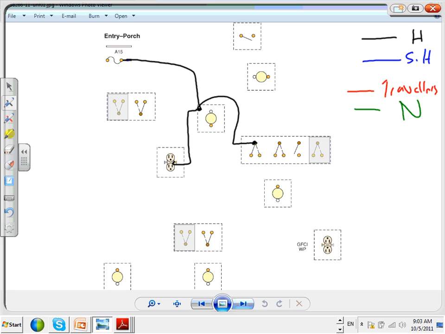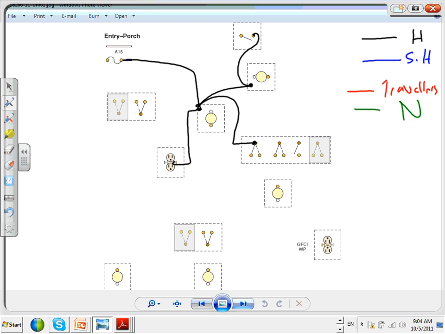Can you guys see that? I brought the hot to the first three-way switch, and I also took the hot to the light, and from the light, I went to the switch.